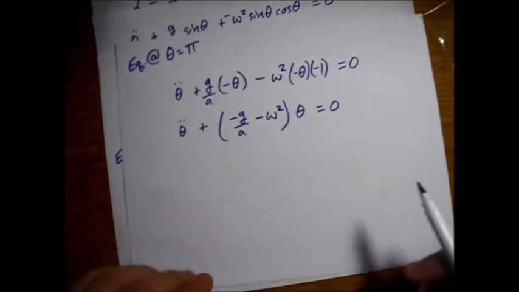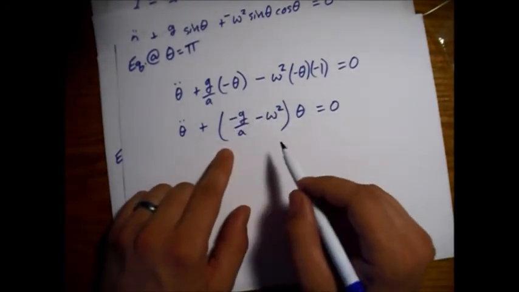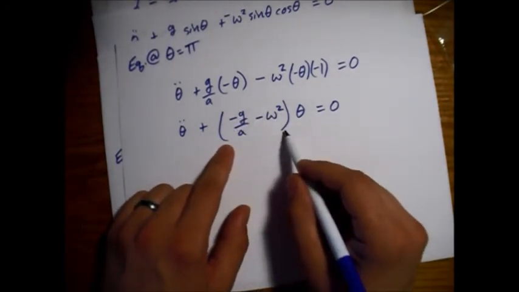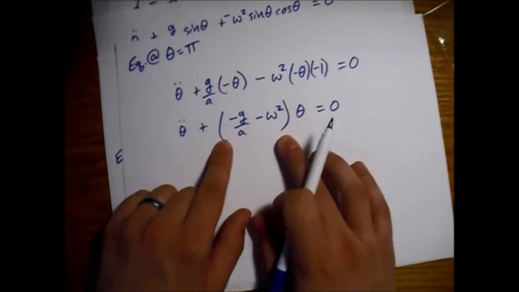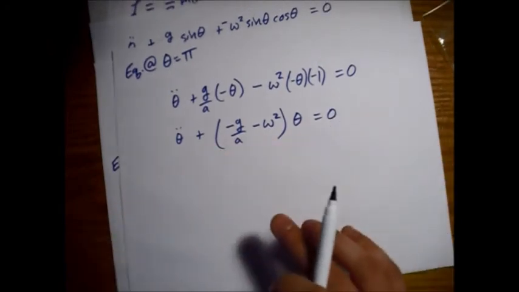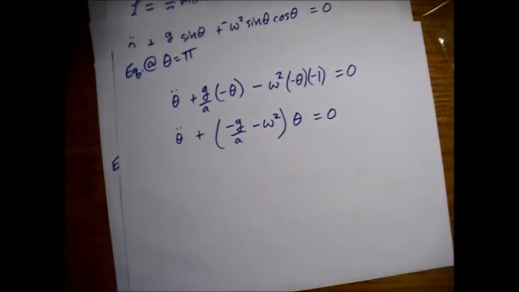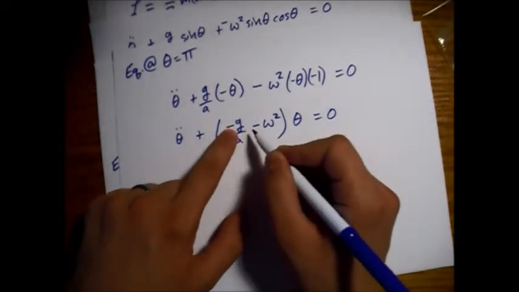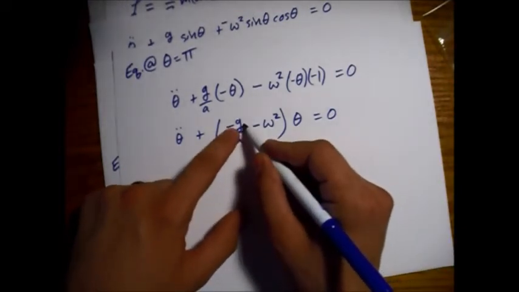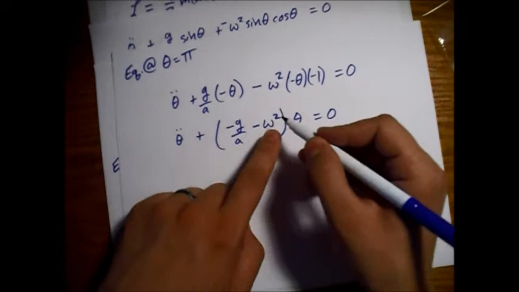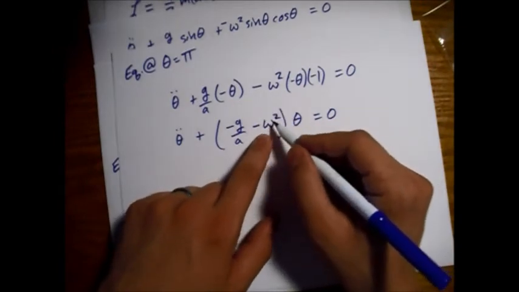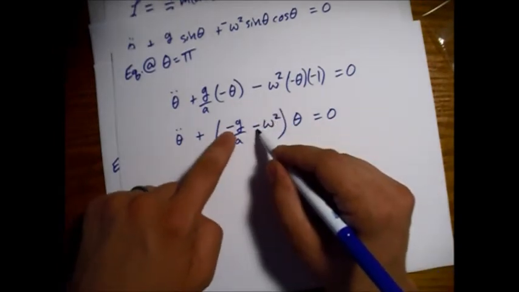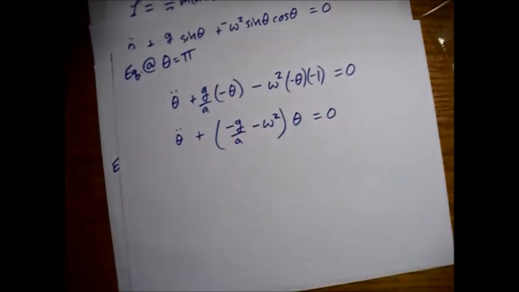Now this term in the parentheses has to be positive in order for us to have a stable equilibrium. Can this be positive? Well, it can't, because g is a positive number, a is a positive number, omega squared is a positive number, and we have these big fat minus signs right here.